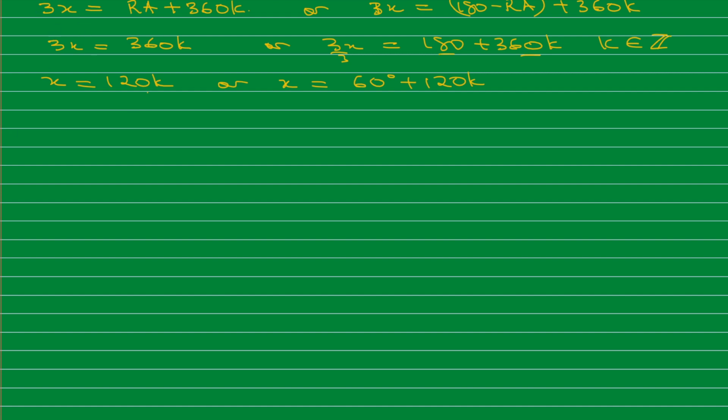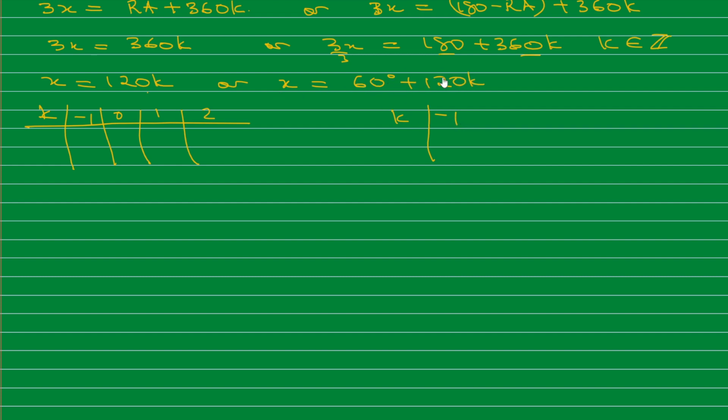What I always encourage is you can create a small table of k values: -1, 0, 1 and 2. -1 makes sense because we don't want to go far.